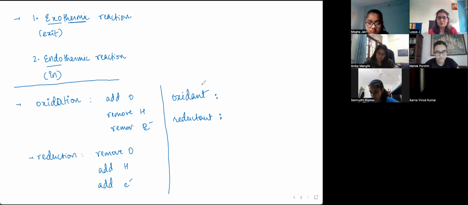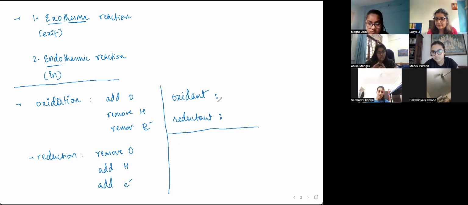Yes, cool. Oxidizing agent, reducing agent. So oxidant and oxidizing agents are almost the same thing, right? Correct. Oxidizing agent and oxidant, same thing, just different words. And reductant, you can also call it reducing agent.